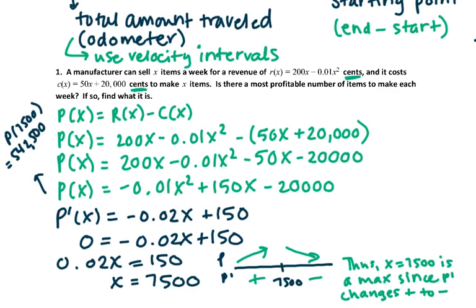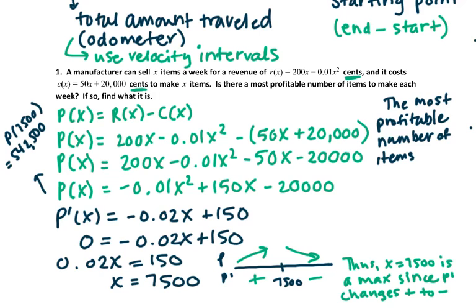units in your answer. So let's craft our answer here. So the most profitable number of items to make each week is 7,500 items.